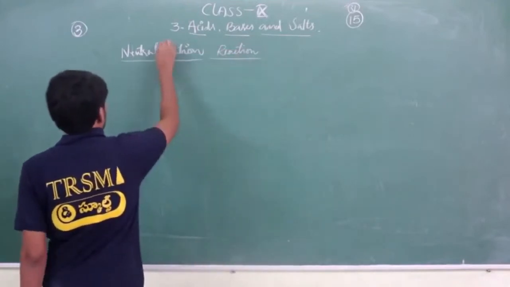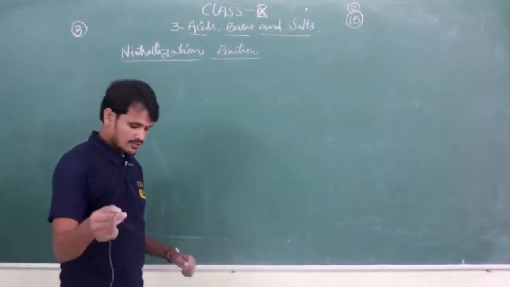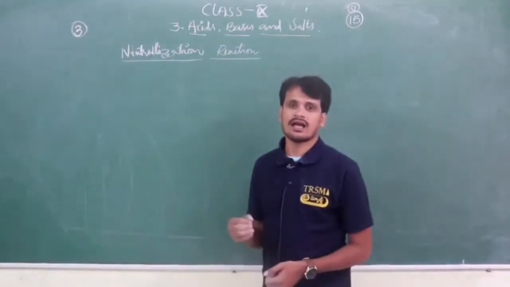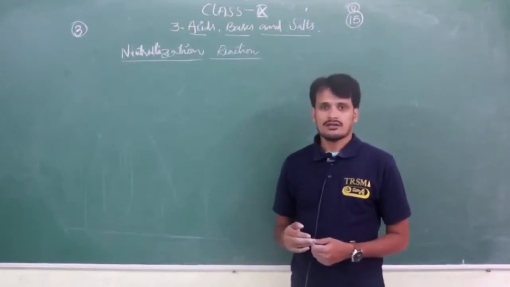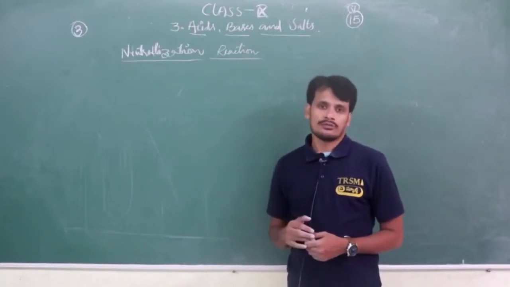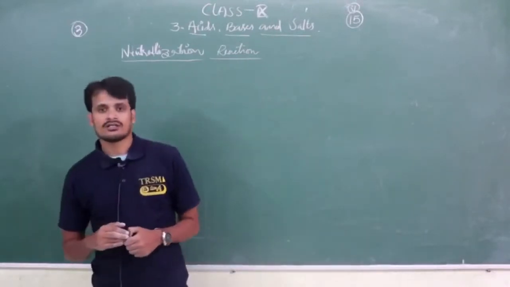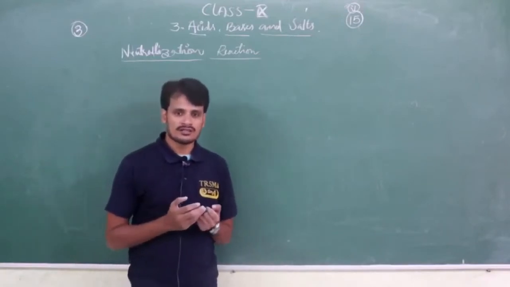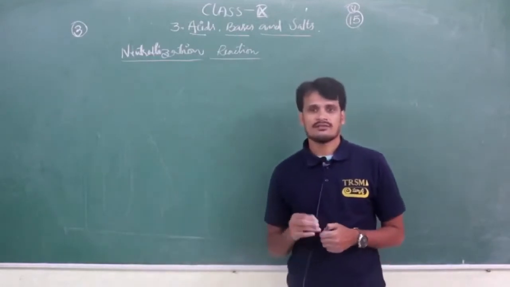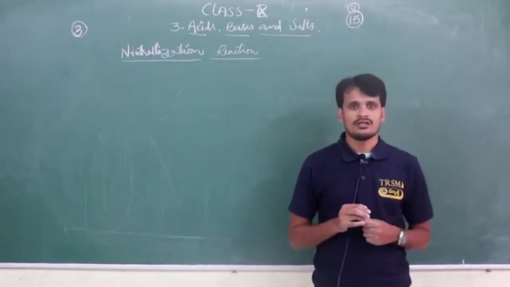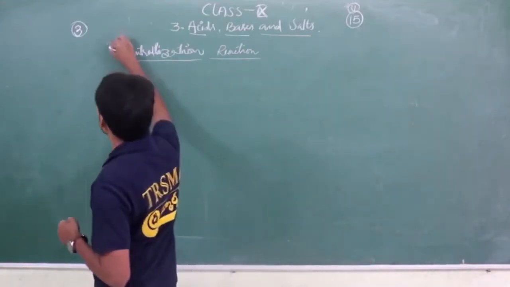What is a neutralization reaction? A neutralization reaction is nothing but the reaction between acid and base. When the reaction takes place between acid and base, salt and water are formed. When an acid is treated with a base or a base with an acid, salt and water are produced, and that is called a neutralization reaction. Let's see one example, important for 2 marks.